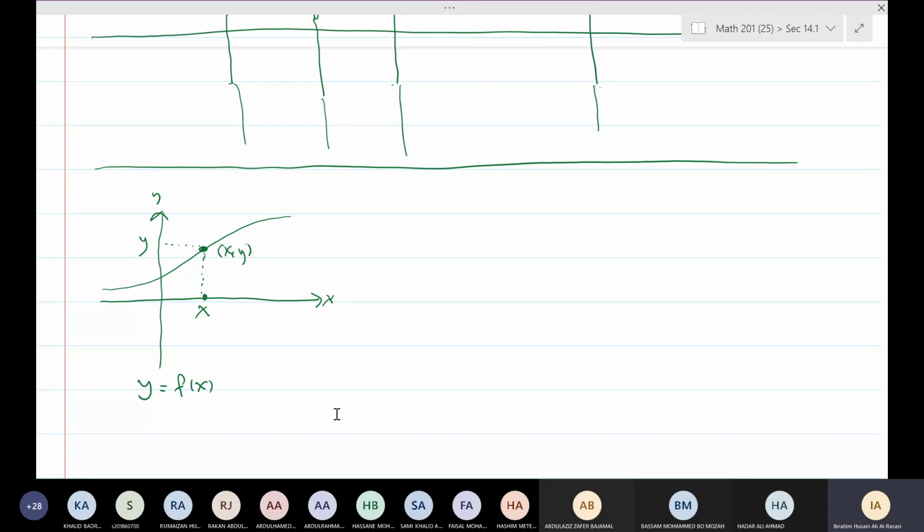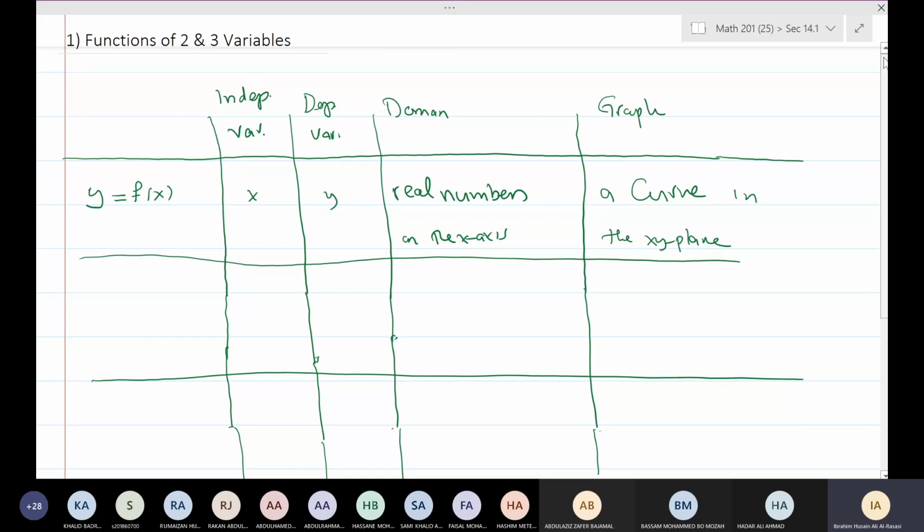Now we go to the generalization. Pay attention to it. This is easy because you are familiar with it, and once you understand it, you will see the generalization is obvious. Now we have functions of two variables, written as f of x, y, and the output or range z.